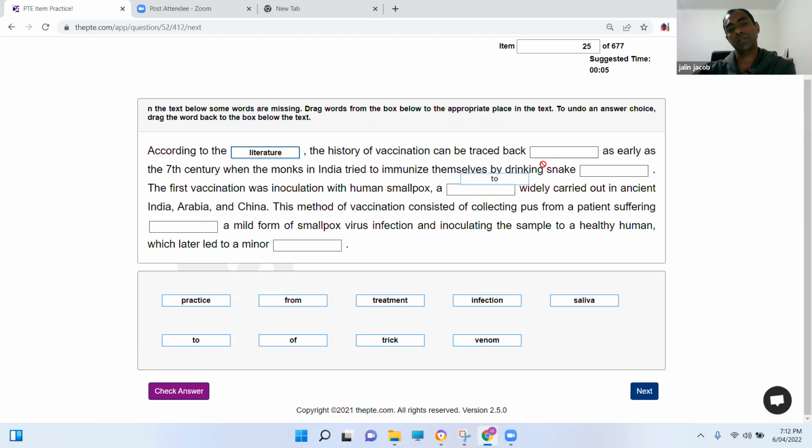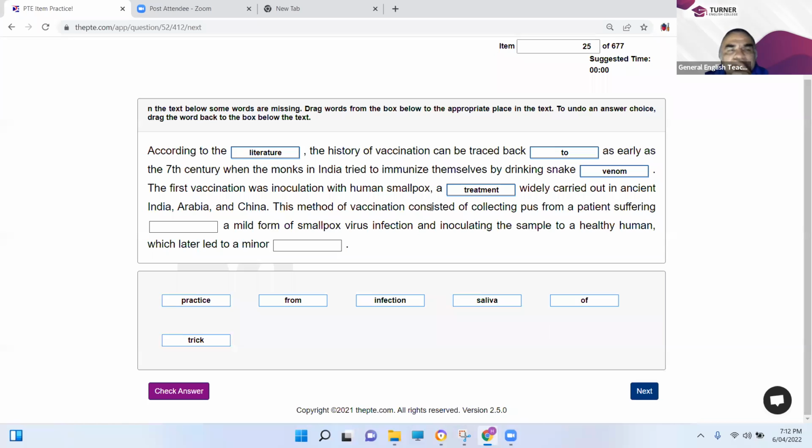Yes, back. Very good. Number three. Venom. Excellent. Number four. Treatment. Number five. Treatment or practice.